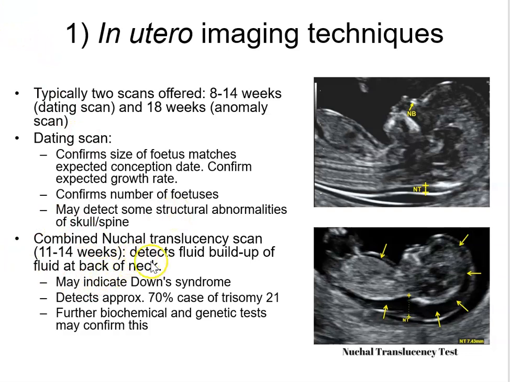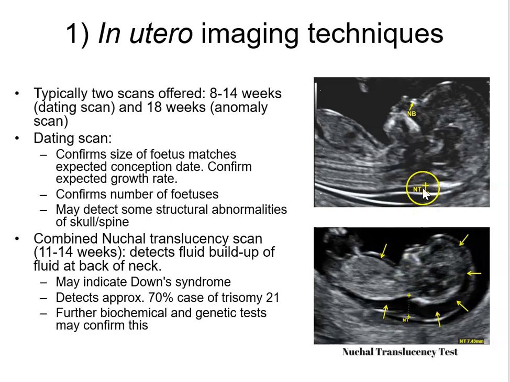At 11 to 14 weeks, you can also do a combined nuchal translucency scan, which is looking for this region here. And this is a fluid buildup at the back of the neck, which is much more prominent in cases of Down syndrome.